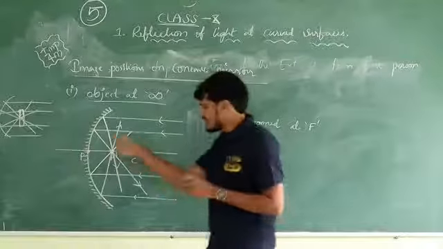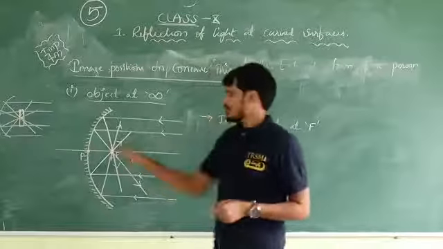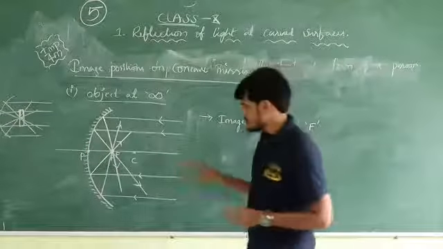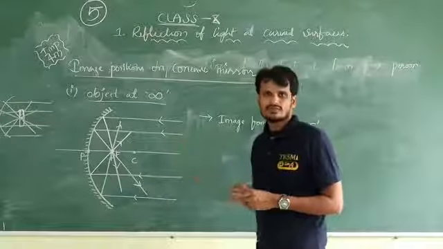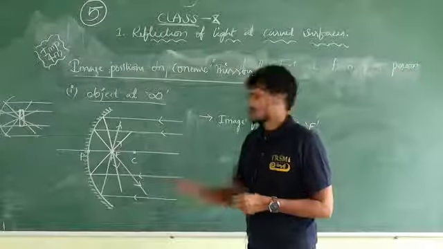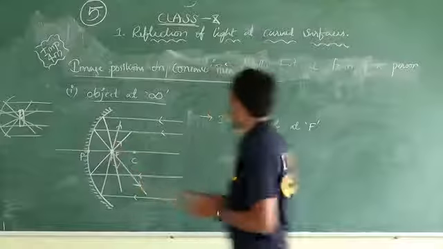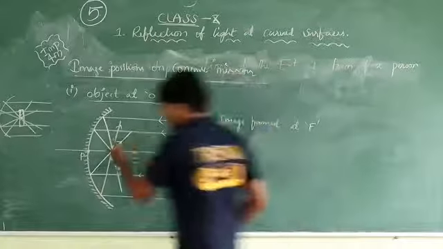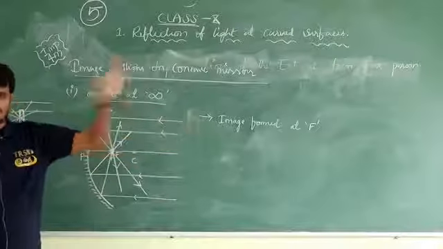You have to place the screen at F, and only then will you get the image. If I am not placing a screen, where is the image? The image cannot be seen with the naked eye without a screen. So you have to place a screen at F, and only then will we observe this point size image, which can be formed on the screen.